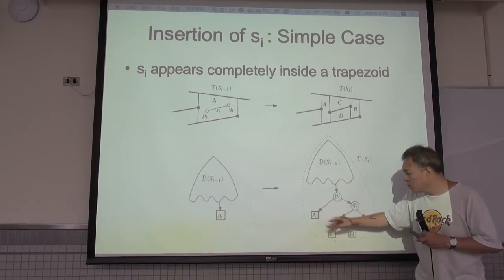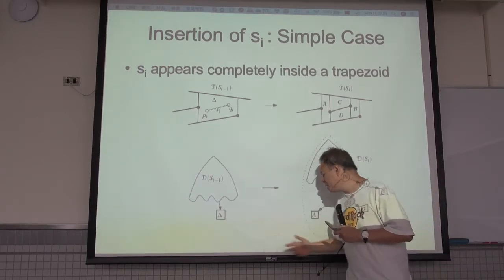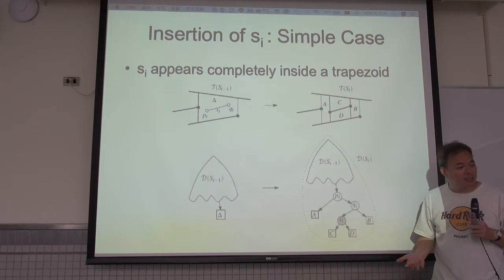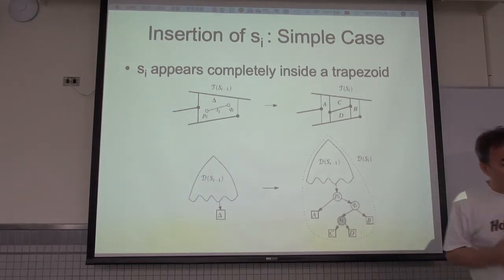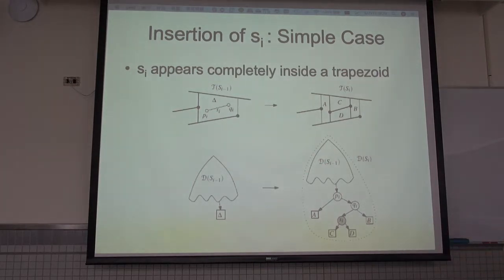So you replace this leaf node by this one. Done. You can see that nothing else will have to be affected. So that's a simple case: the segment you add happens to be contained completely inside one trapezoid.